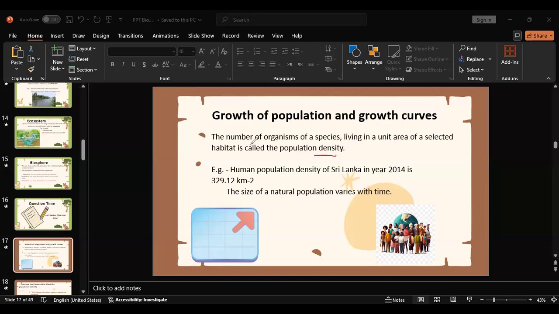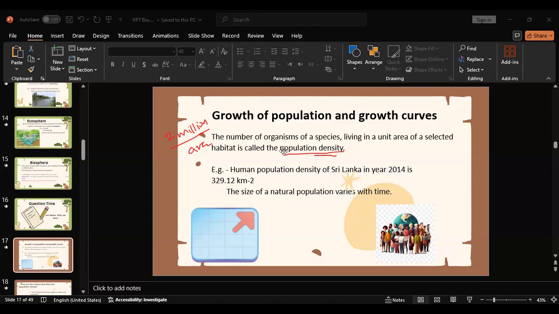For example, in Sri Lanka, the human population in 2024 is 2 million. So this is the population. While we divide it by the area, we will get the population density.